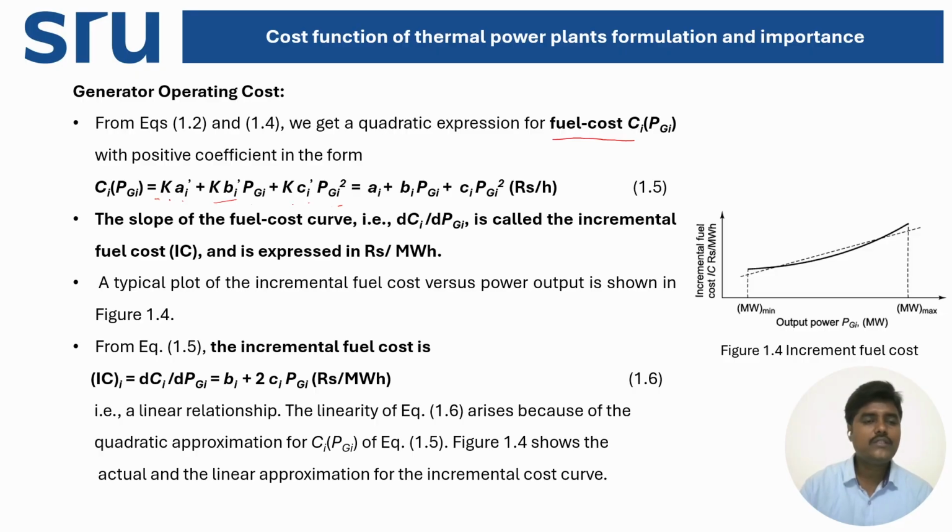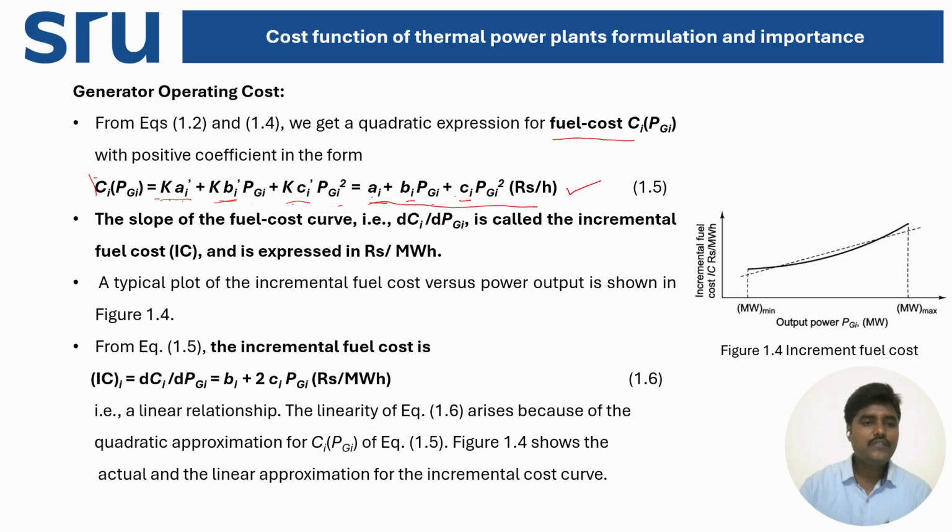So you can modify this equation as Ai plus Bi PGi plus Ci PGi square, where Ai is nothing but K into Ai dash and Bi is nothing but K into Bi dash and Ci is nothing but K into Ci dash. So this is the important equation called as fuel cost equation. It is nothing but Ai plus Bi PGi plus Ci PGi square and expressed in rupees per hour.